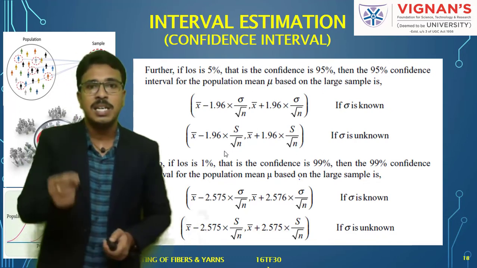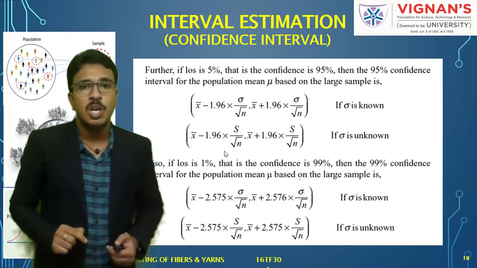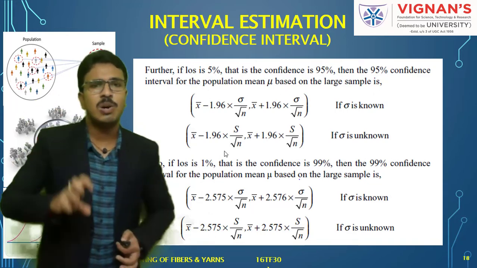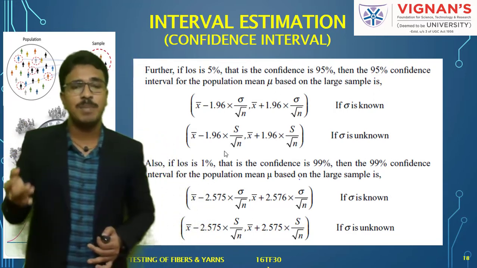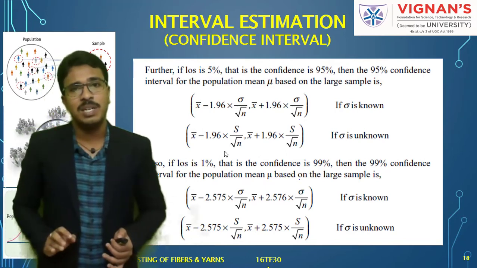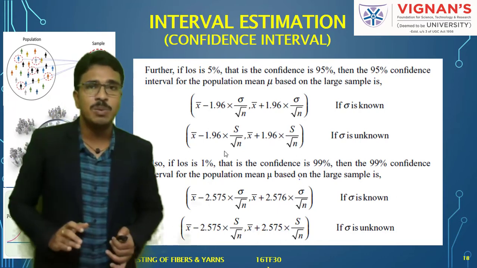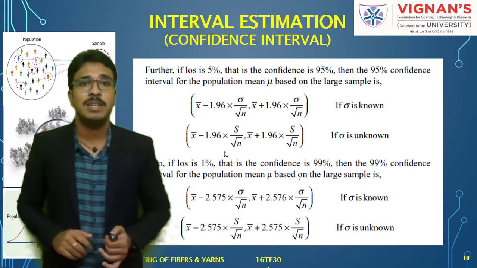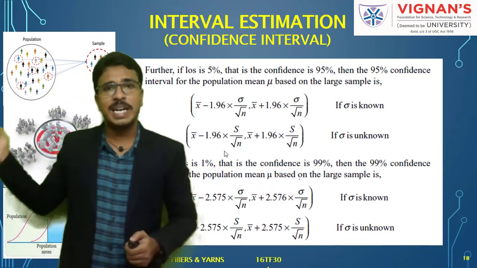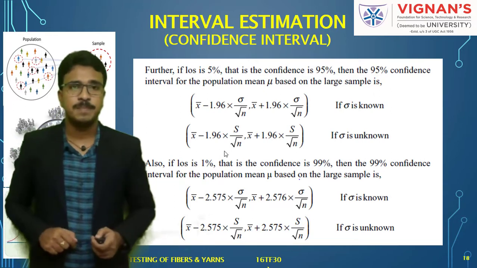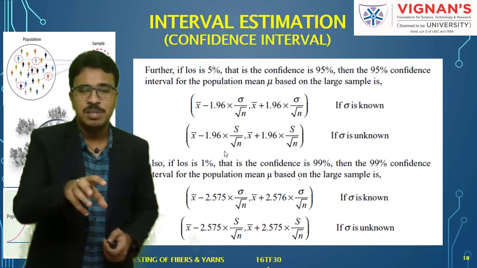Here you can see instead of 1.96 in the above formula, 2.57 is there. These are the values in the Z table. Z alpha by 2 is 2.57 at 99% confidence interval, and the Z alpha by 2 value at 95% confidence level is 1.96. These values are constants we get from the Z table. Now we have to substitute the values based on the problem.